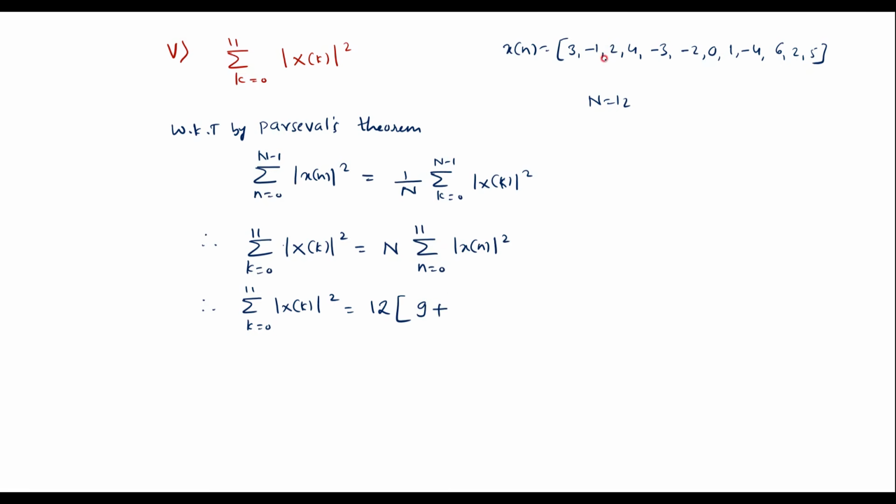Similarly, taking the square of each sample: 9 plus 1 plus 4 plus 16 plus 9 plus 4 plus 0 plus 1 plus 16 plus 36 plus 4 plus 25. Simplifying this, we get 1500.